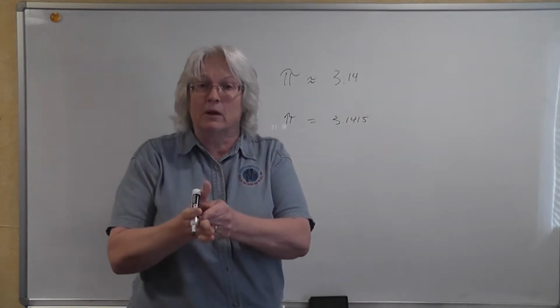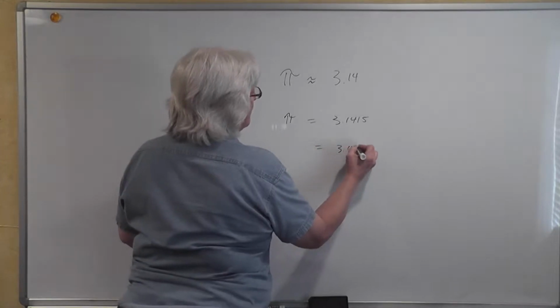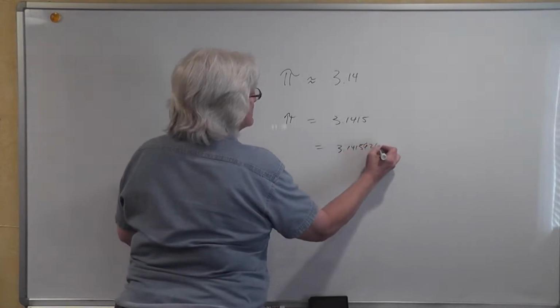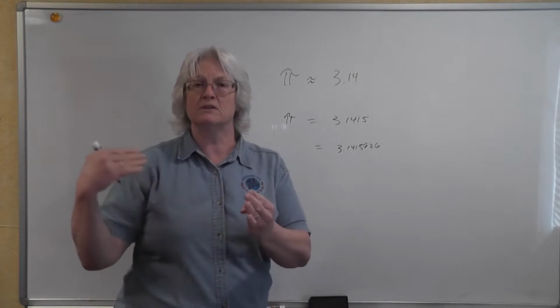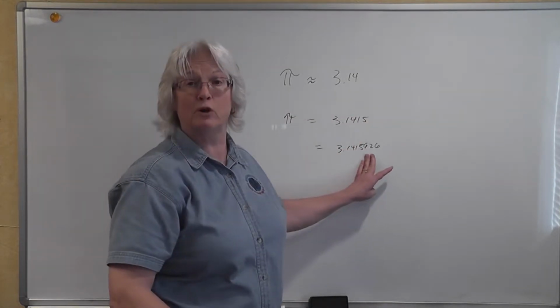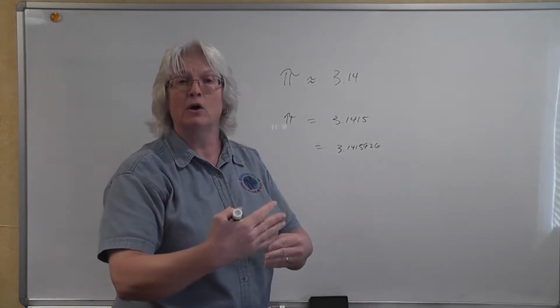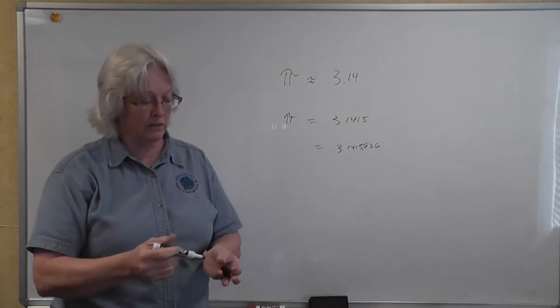Well, that's a little bit closer. But I can say no, pi is 3.1415926. This decimal number goes on forever. It doesn't terminate, meaning it doesn't end. And there's never a repeatable pattern in there.